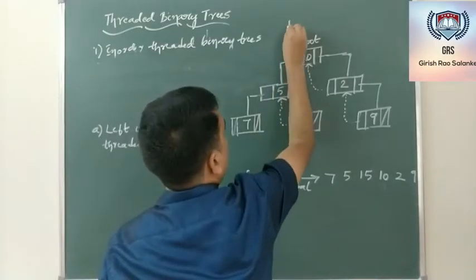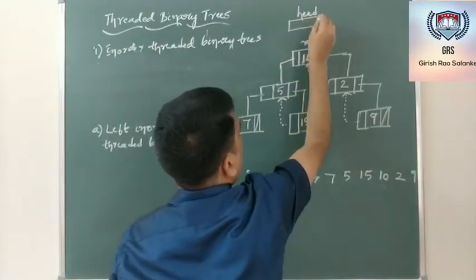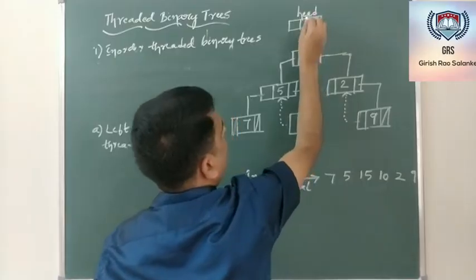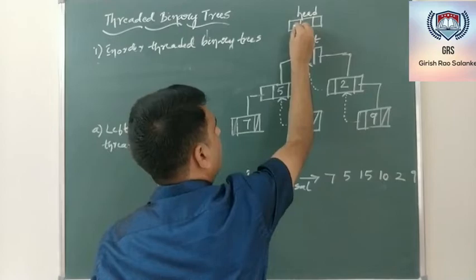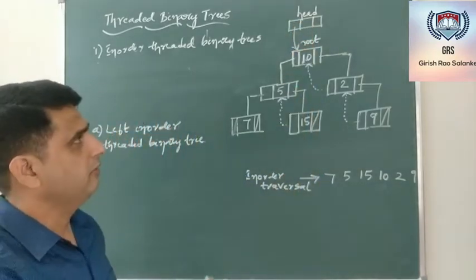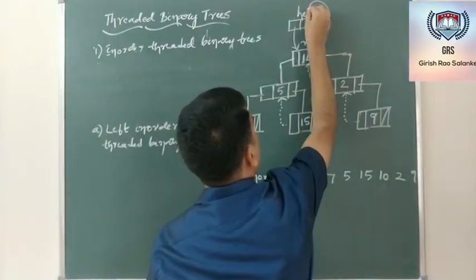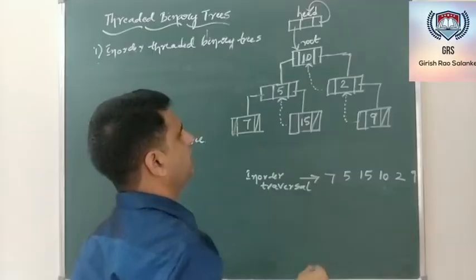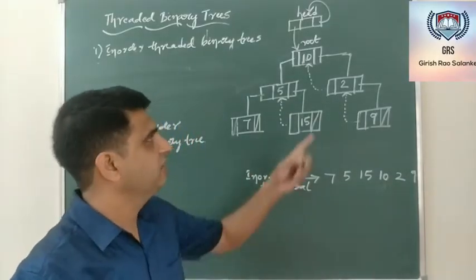So what we will do is we will create a head node. Generally, this head of left will always be pointing to the root node. Please note that head of left will always be pointing to the root node and head of right will be pointing to itself. So what is the reference? Reference is the root node.